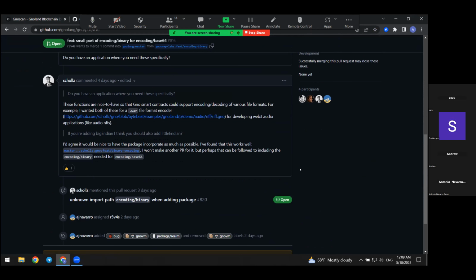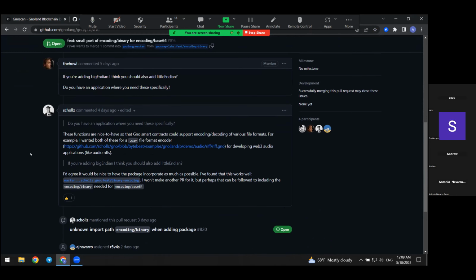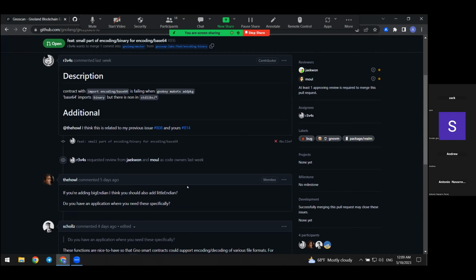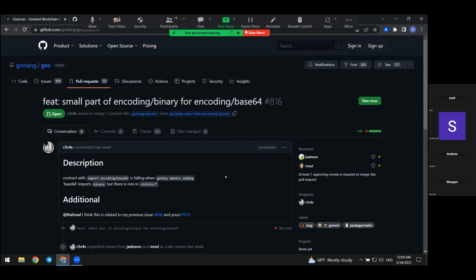I think I ran into the same issue as you. That's why I also did it. Yeah, I think it makes sense to include encoding binary. But I think we should add both big endian and little endian, personally.